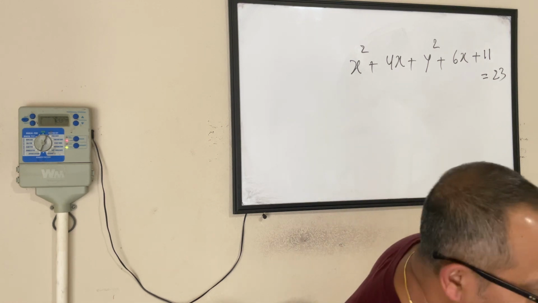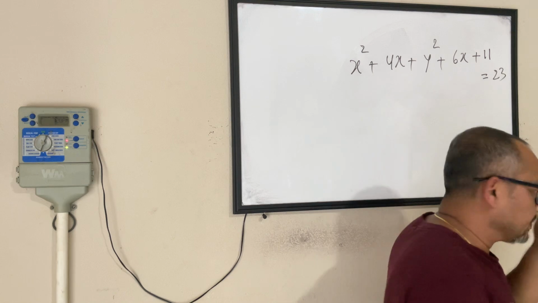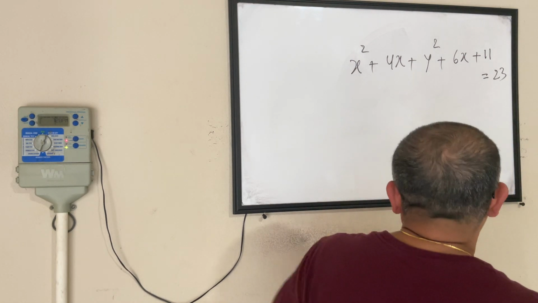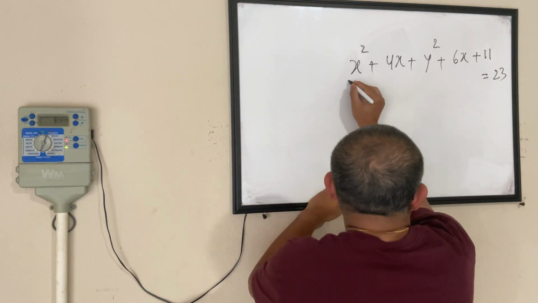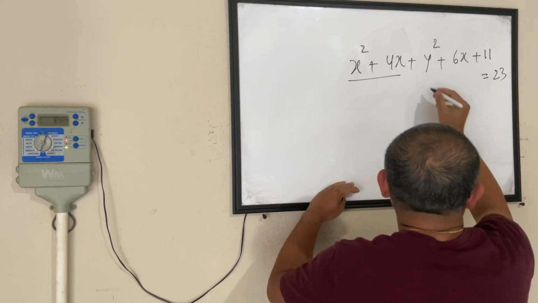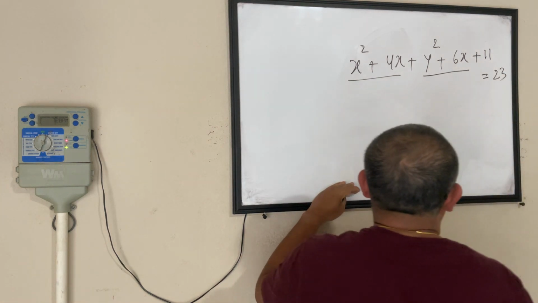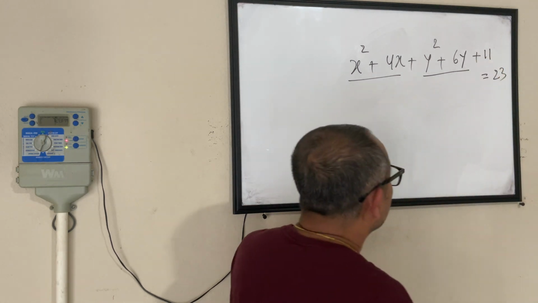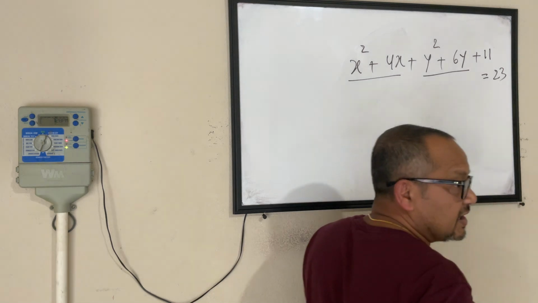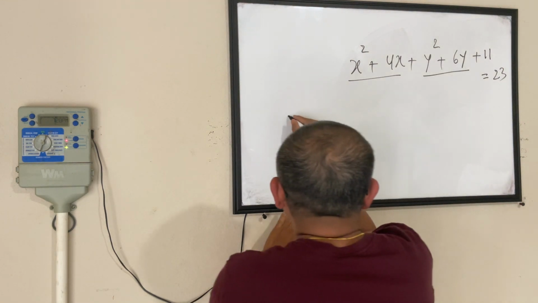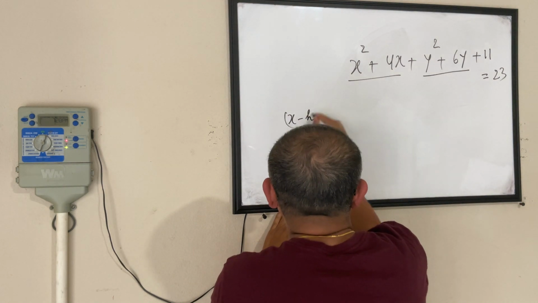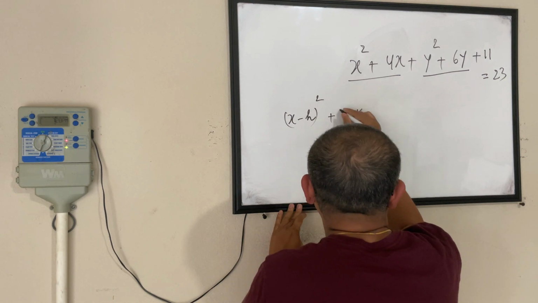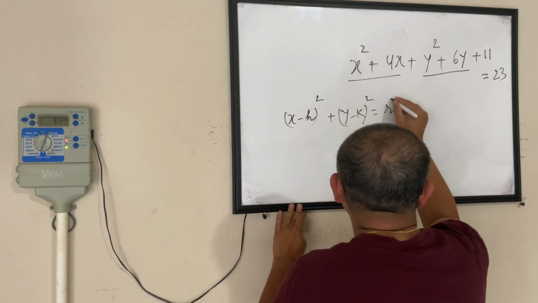So let me do one problem, and then I'll make you guys practice a little bit more. So I have the x squared part, the y squared part, and some constants. What we are trying to do is convert this into (x minus h) squared plus (y minus k) squared equals radius squared.